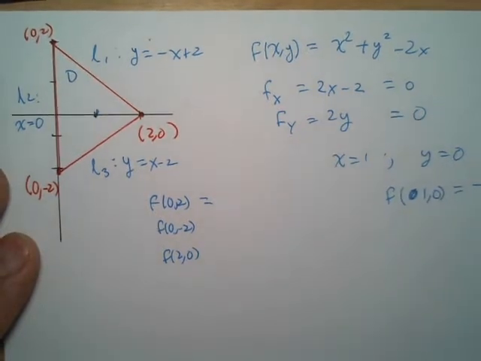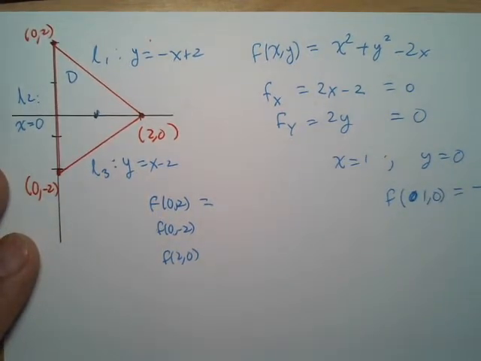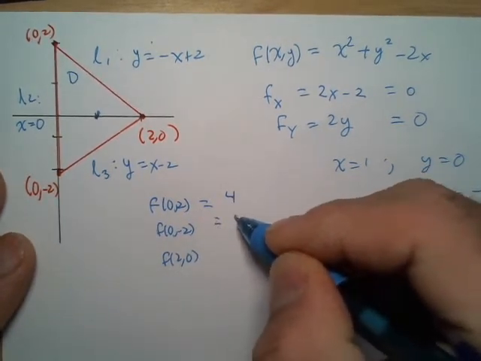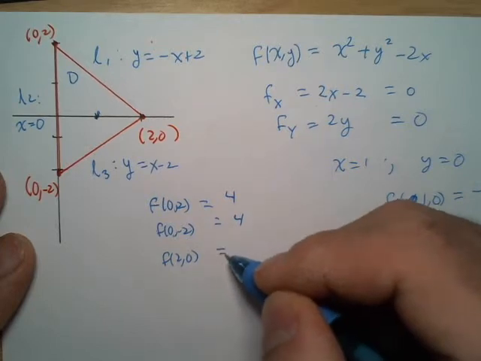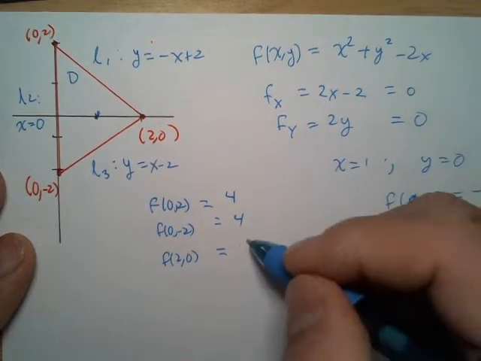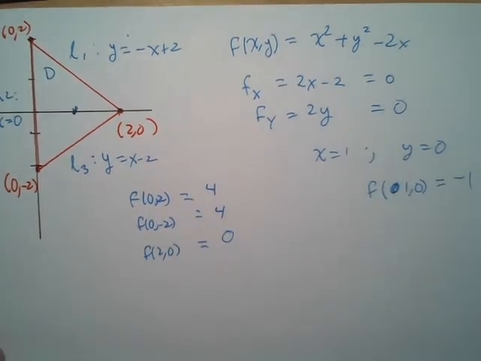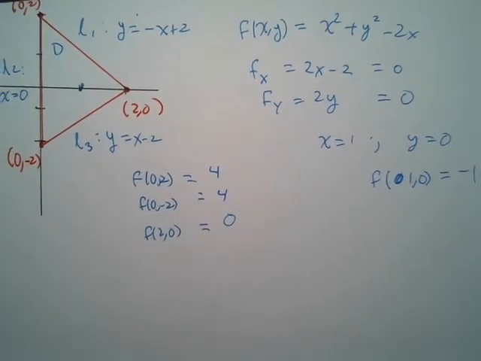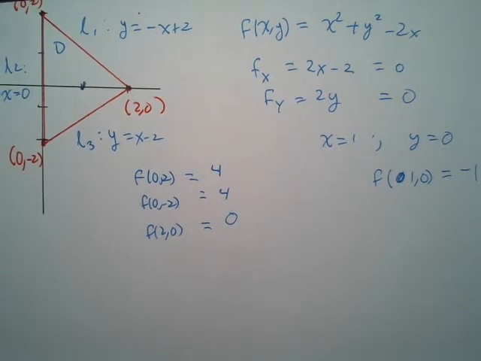For (0, 2) we get 4, and at (2, 0) we get 0. Again, those are all candidates to determine if these are in fact the absolute max or absolute min.